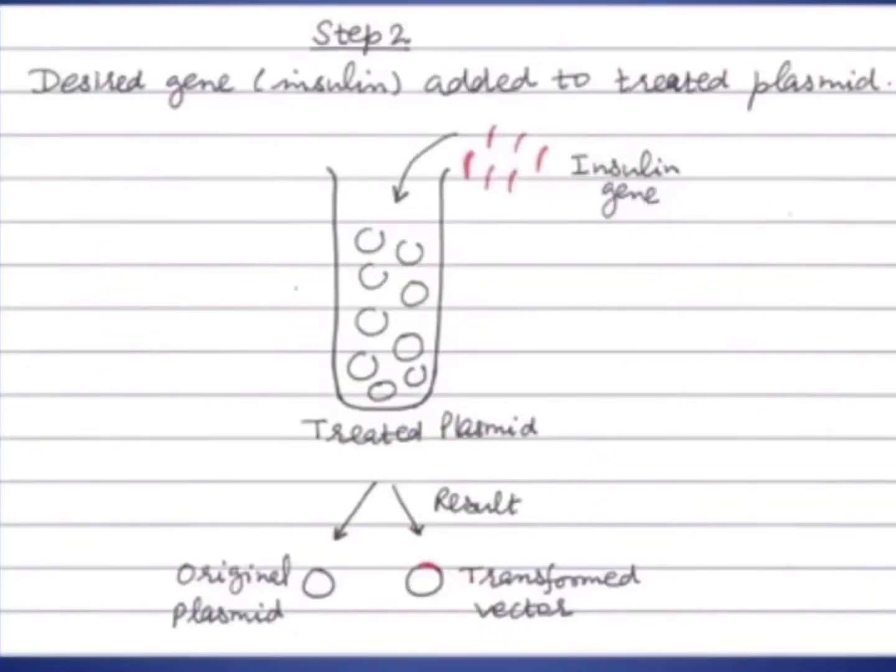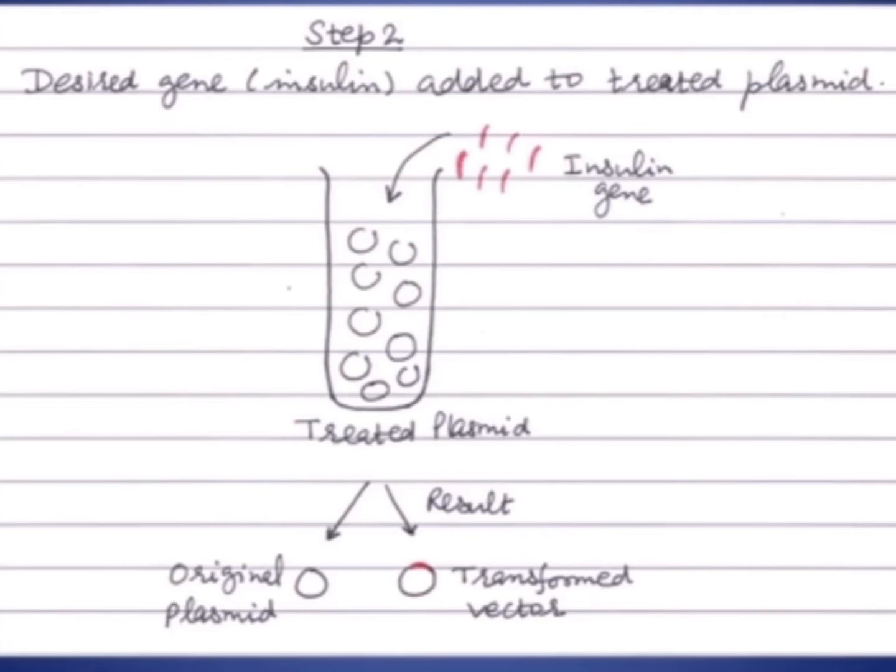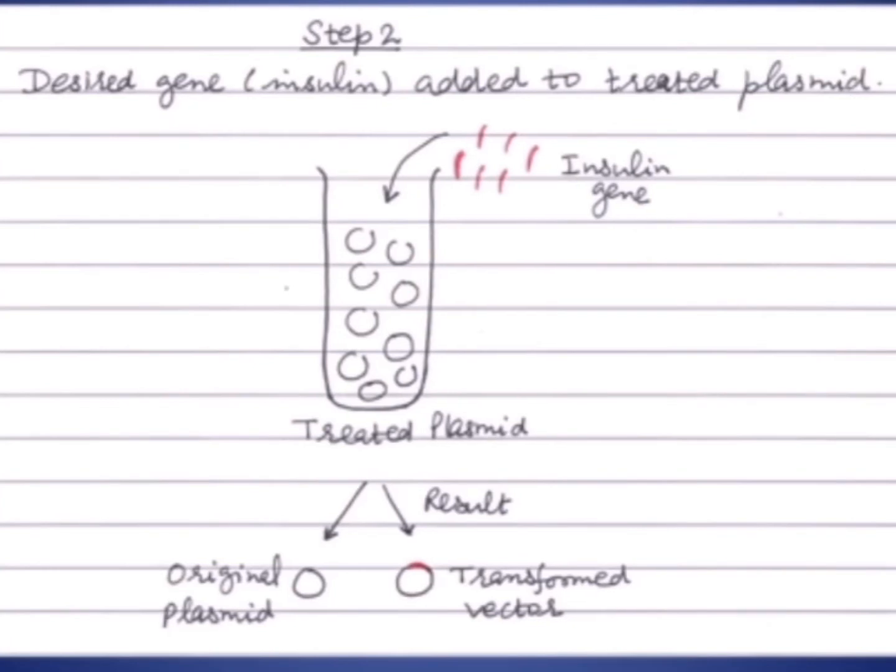Now students, you can see the second step. Here the desired gene is taken as the insulin gene. That gene has been cut by the same restriction enzyme BAMH1, and now we have the insulin gene or the target gene. That target gene is now added to the test tube where the plasmid has opened up.